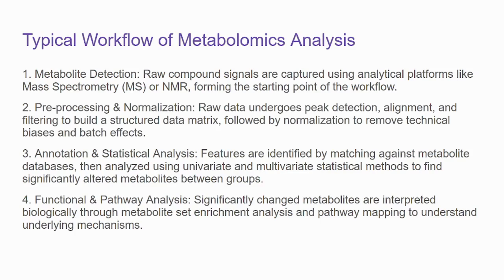So the typical workflow of metabolomics analysis. First thing is the detection. We usually use analytical platforms like mass spectrometry or NMR to detect the mass to charge ratio of compounds, and then we get a file in the format of MZML where this data is present.